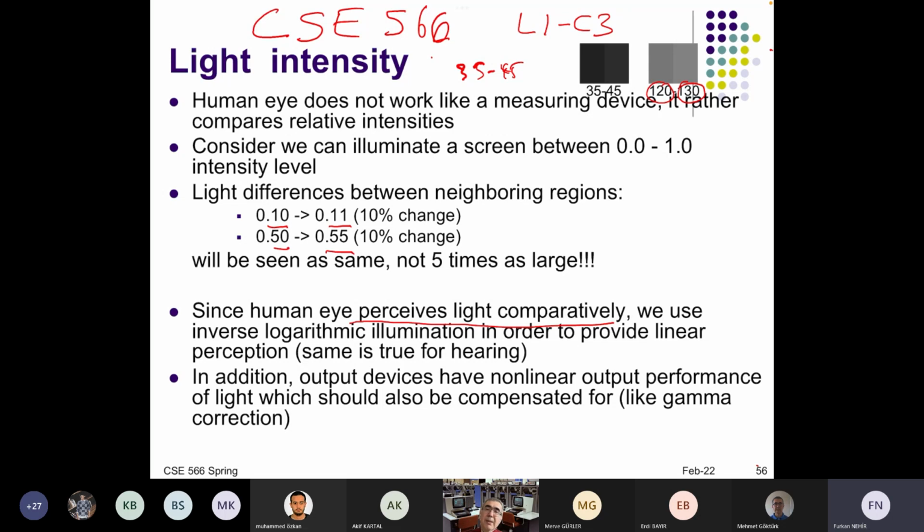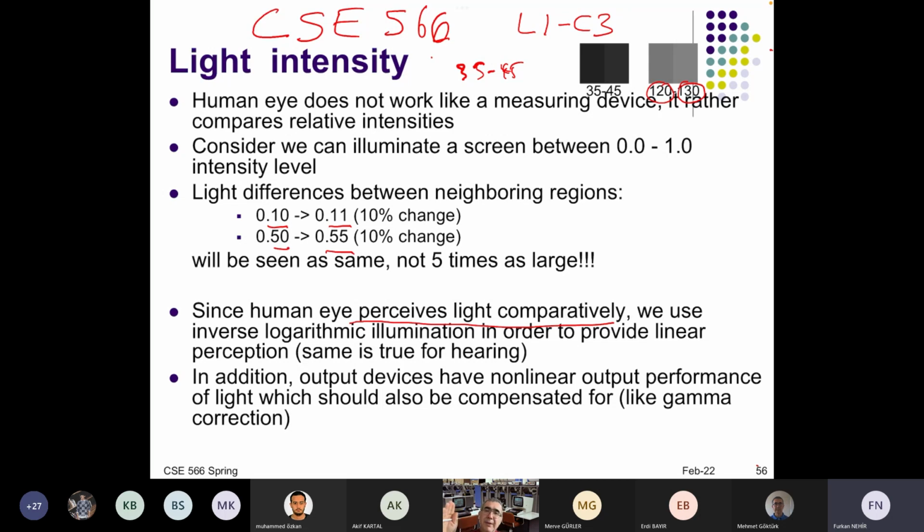For that purpose, some devices, and it's true for hearing as well, use inverse logarithmic controls, inverse logarithmic potentiometers, for audio devices and light devices, so that the changes are equally separated, but the electrical value sent to the device is inversely logarithmically proportional.